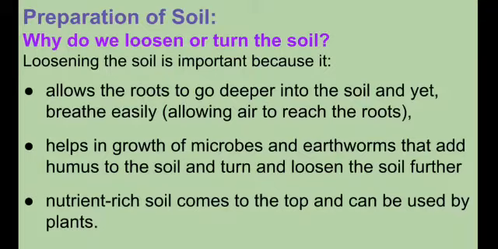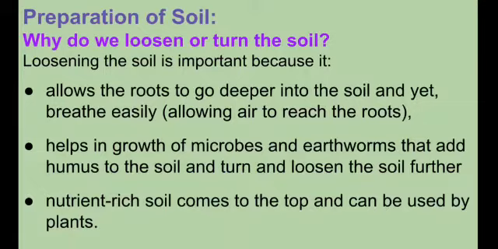Here you can see the word humus. Humus is the top layer of the soil which is very fertile. As you are aware, the earthworm is called the farmer's friend. Why? Because the earthworm lives in the soil and they can convert the soil into fertile soil by loosening. So that's why earthworms are called the farmer's friend. And it also helps because the soil is nutrient rich, so it comes to the top and can be used by the plants.